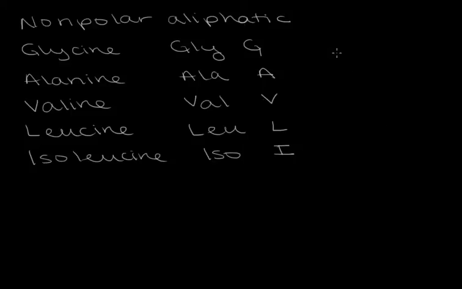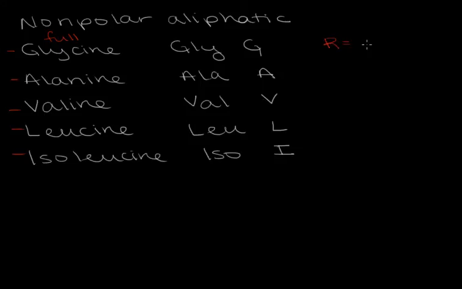Okay. So glycine. And I've written here the full name of these amino acids. Here's the 3-letter abbreviation. Here's the 1-letter abbreviation. Memorize this. Really, this is just from working it out, writing it out, practicing.